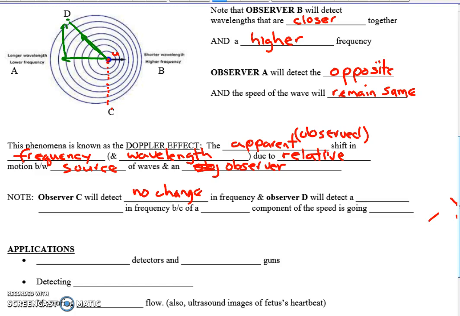So we can see that some of the motion is away from D. So D will detect a slight shift in frequency, so not a maximum, because a component of the speed is going away. A horizontal component, I guess.